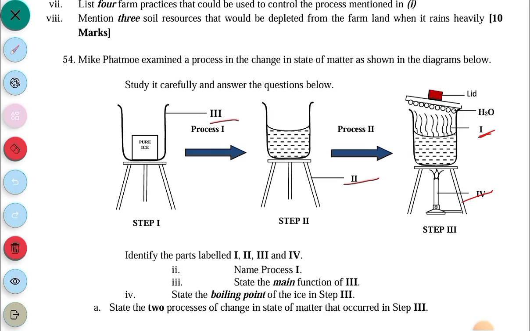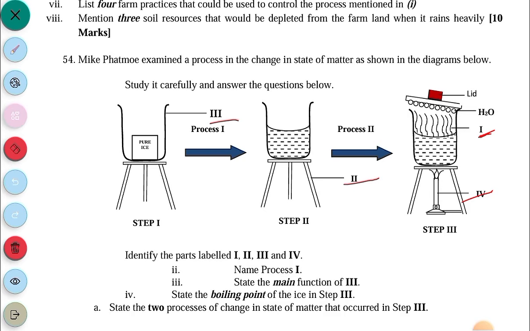State the main function of III. So III is there to hold the liquid in place, because without the beaker, the pure ice will melt and then be on the ground, just wet the floor.